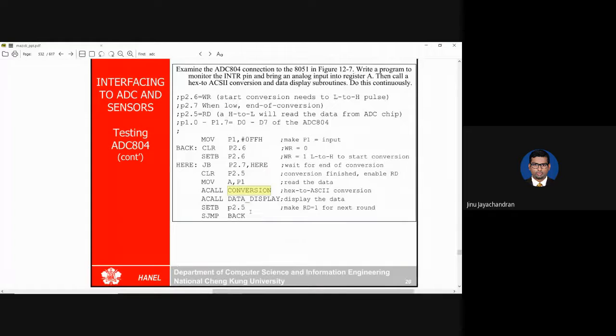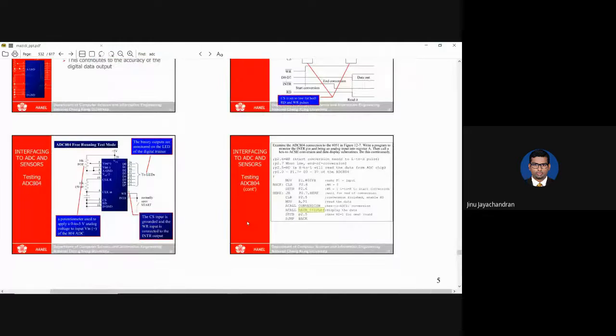Tomorrow also we'll have a session at 10 o'clock. We will try to interface an LCD and implement the display function, where the actual ADC data that you got will be converted to ASCII and displayed on the LCD. Any questions on anything that I have told today?